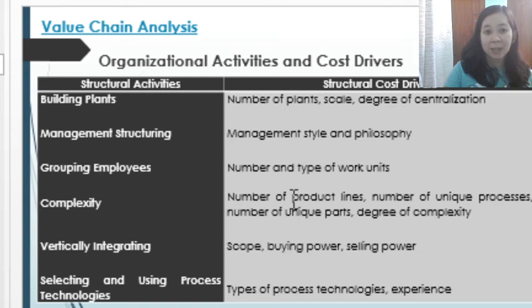Grouping of the employees, number and type of work units, complexity, number of product lines, number of unique processes, parts, and degree of complexity, and so on. These are the organizational activities, and these are the cost drivers that create the cost for these activities.